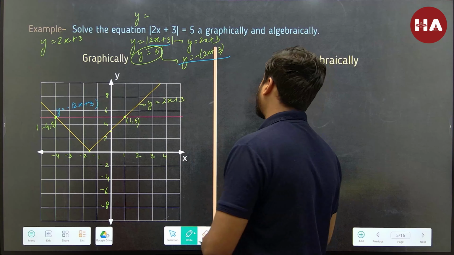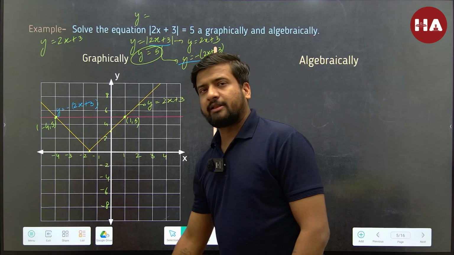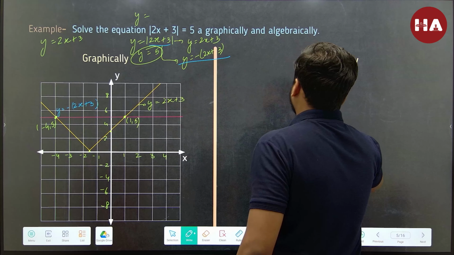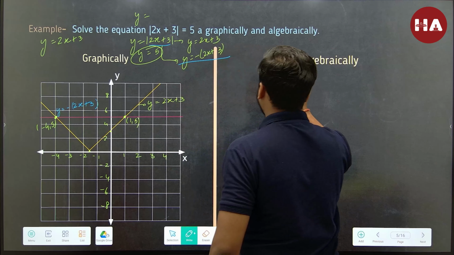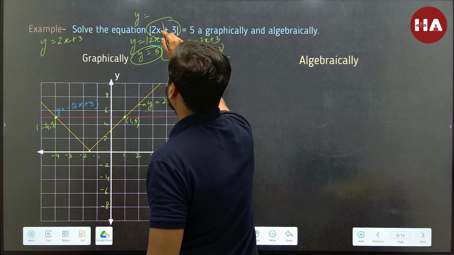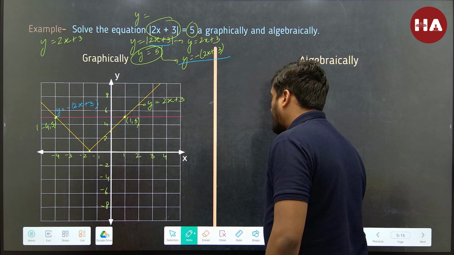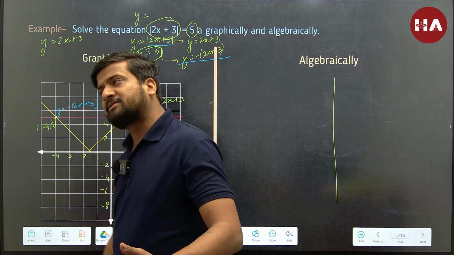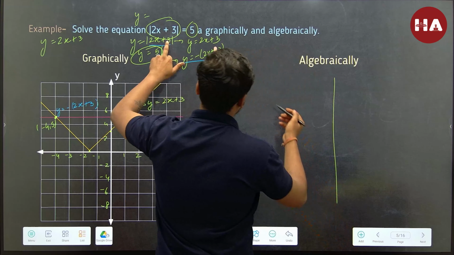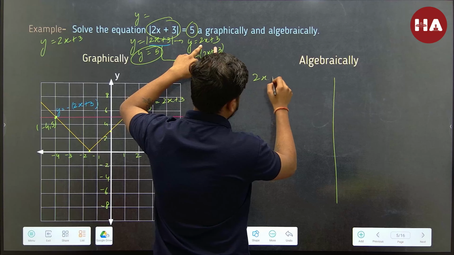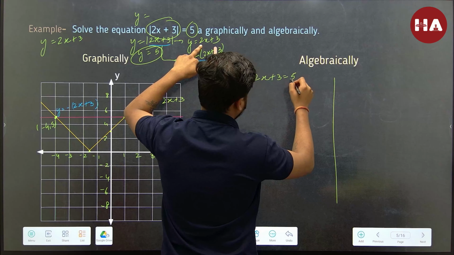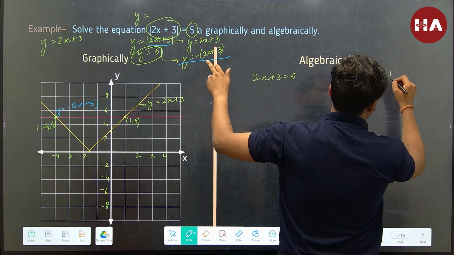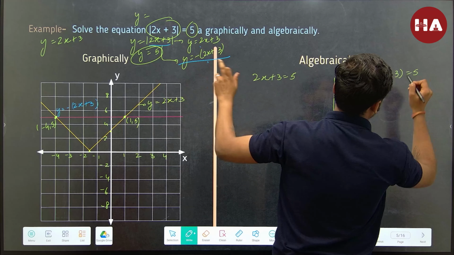All right. Next one, that is algebraically. How to solve it algebraically? Whenever we are talking about a modulus function on one side and a constant on the other side, what we'll do is we'll break our function in two parts the same way, that is 2x + 3 = 5 and minus of (2x + 3) = 5, right?